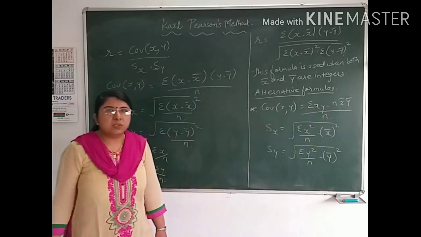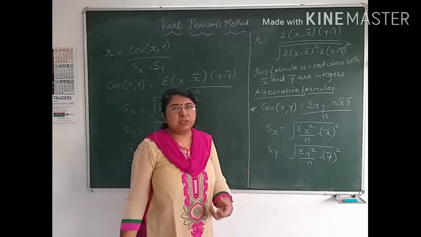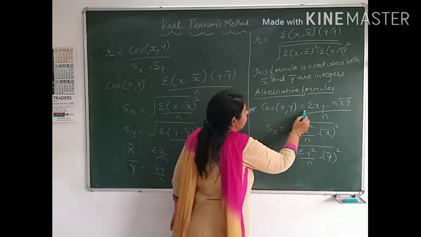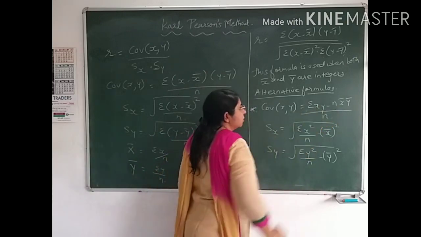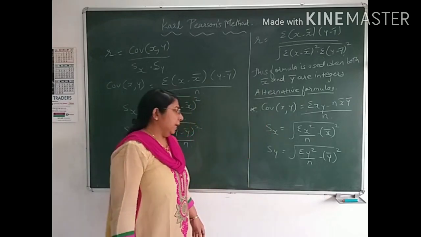Now it depends upon the sum, in which sum we have to utilize which formula. It depends upon the data that is given in the question. If the values of sigma xy, x bar, y bar and n are given to you, then you have to apply this formula to find covariance of xy.